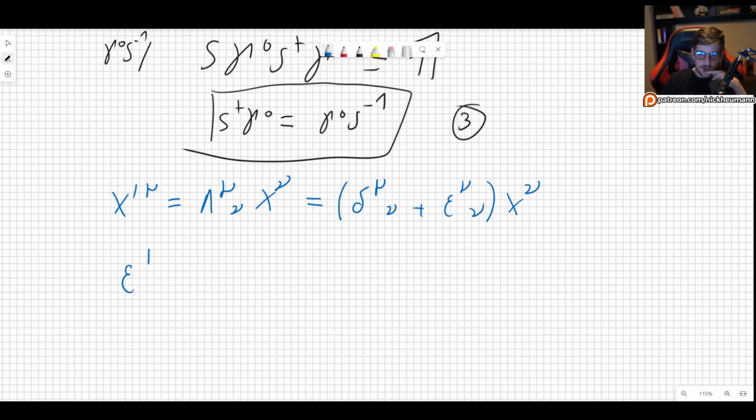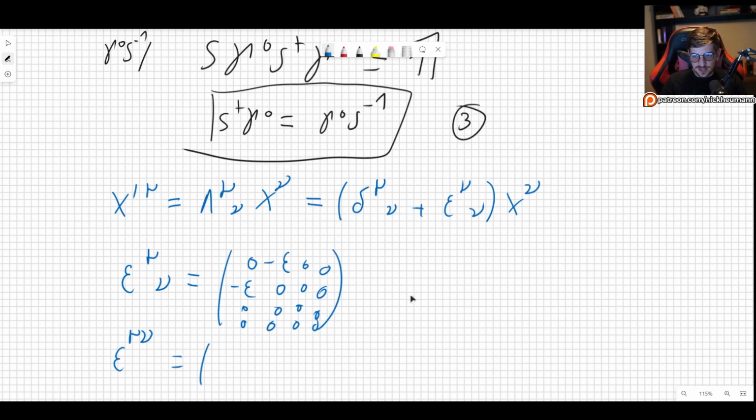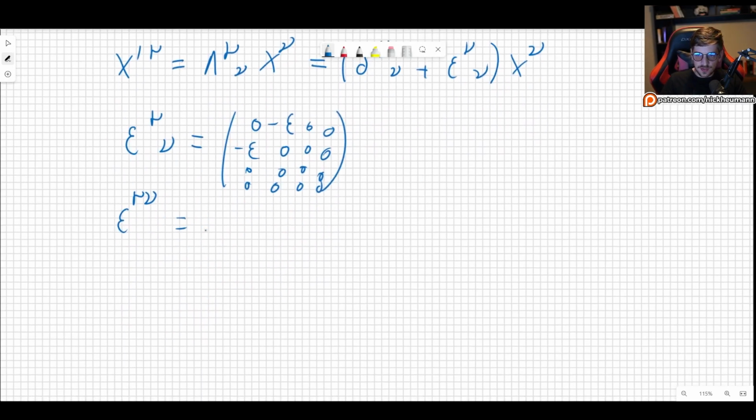And epsilon mu nu, this is what we defined to be the matrix with epsilon and minus epsilon as its only nonzero entries, and all other entries 0. In a similar way, we defined epsilon with the indices raised, well, something quite similar. And just as a reminder, we also wrote it as eta nu lambda epsilon mu lambda, so we're basically raising an index.